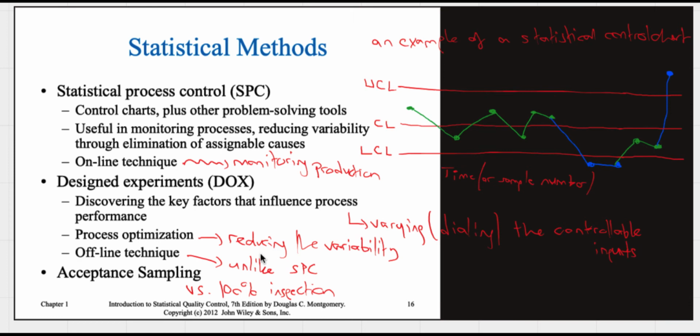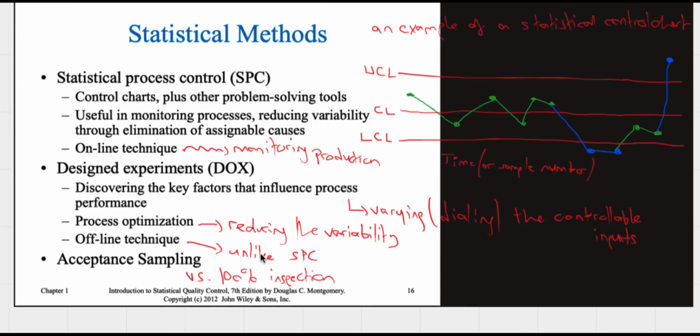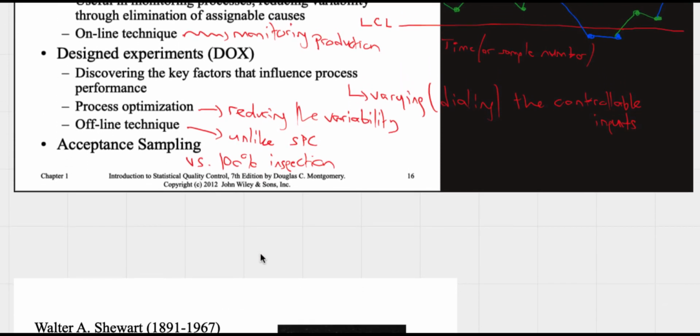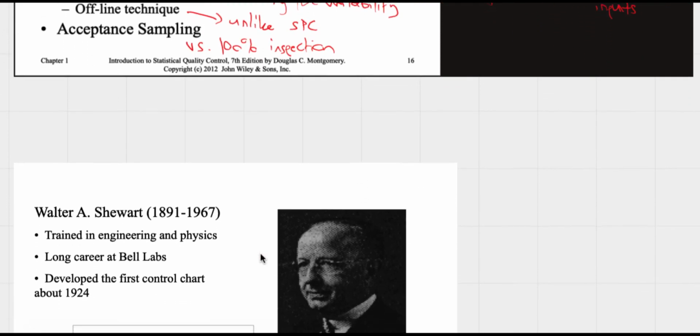We use this methodology before the production processes, in the design step, and we try to find the key parameters and the optimized parameter values to reduce the variability. It is apart from statistical process control; it's a different methodology. And the last method is the acceptance sampling methodology, which we are going to use to reduce the variability and improve the quality.